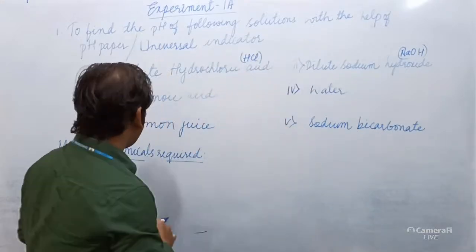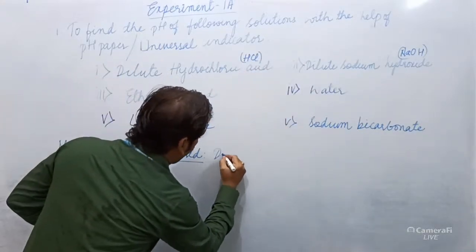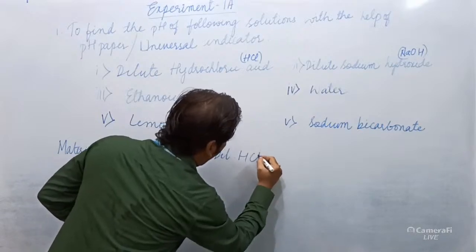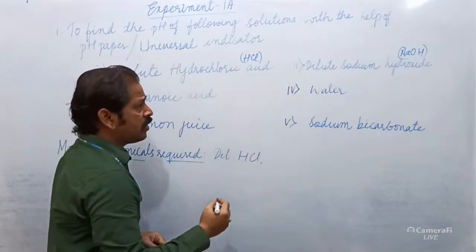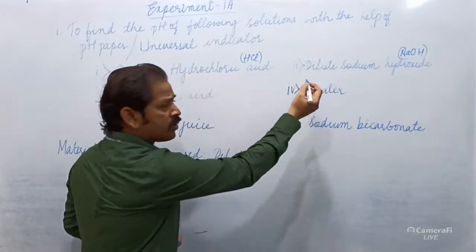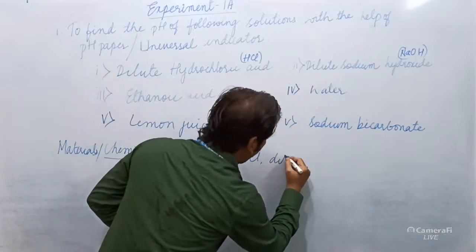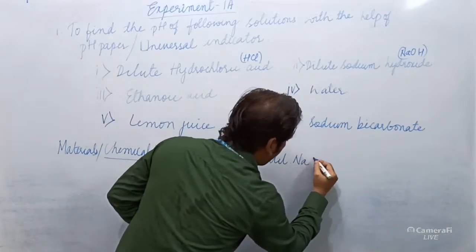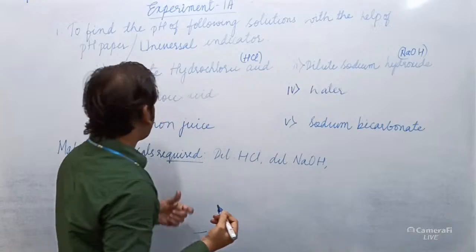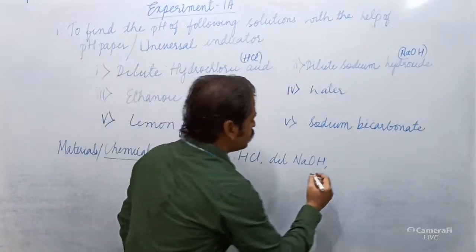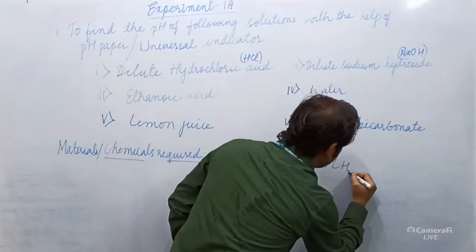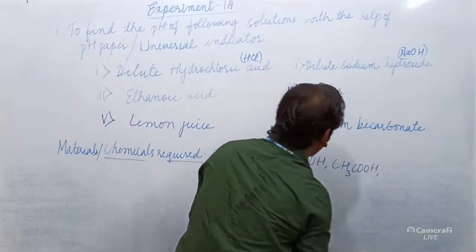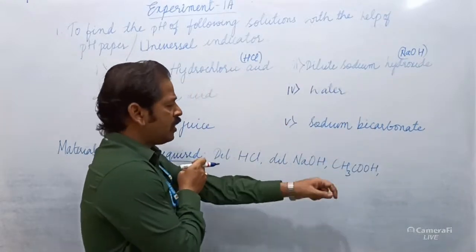The first chemical is dilute hydrochloric acid. Second chemical is dilute sodium hydroxide solution. Third is ethanoic acid. The fourth one is water.